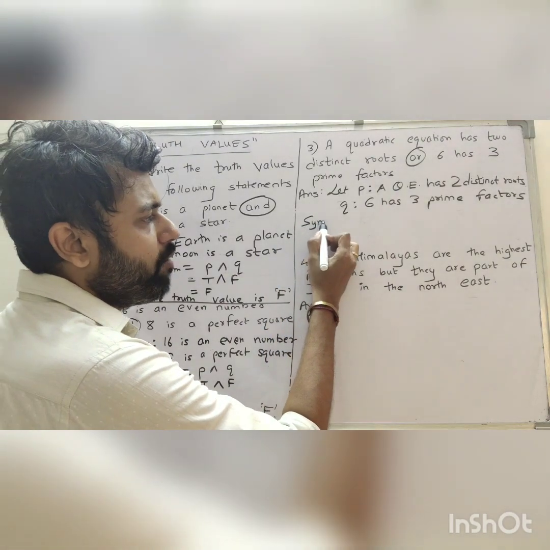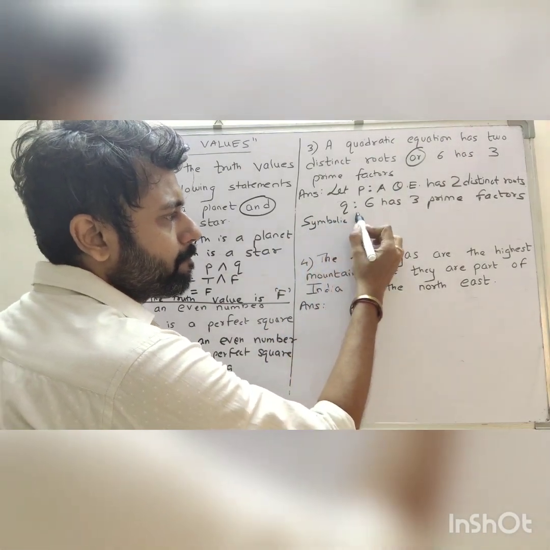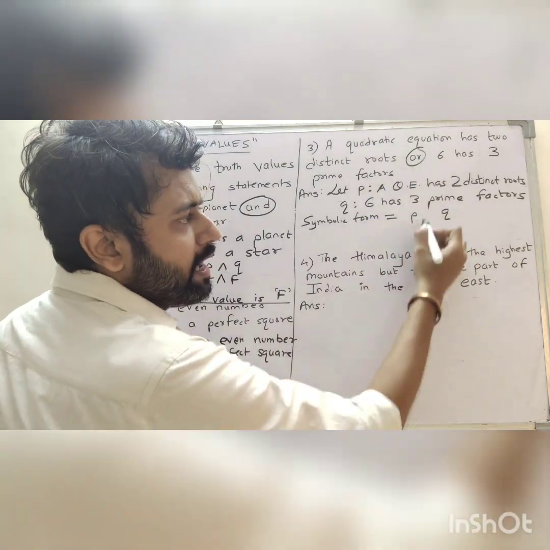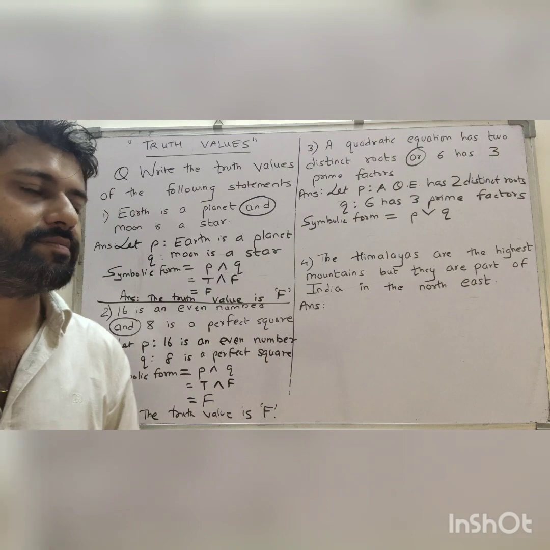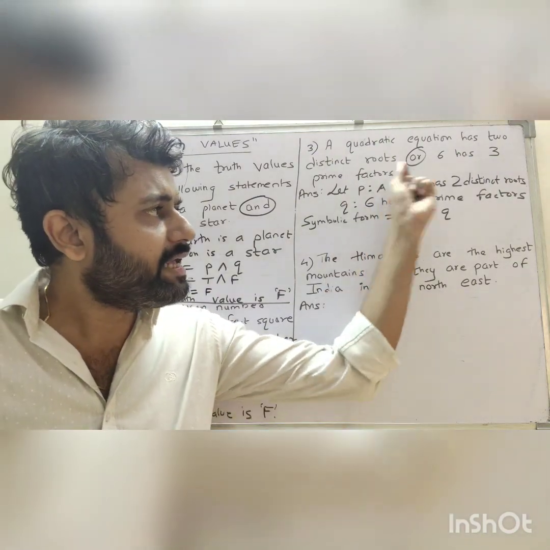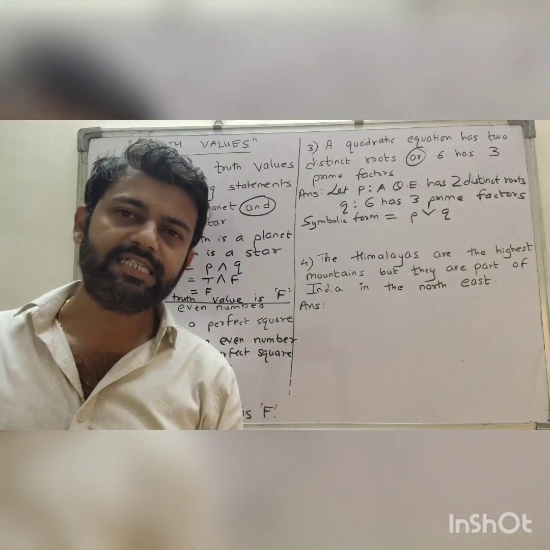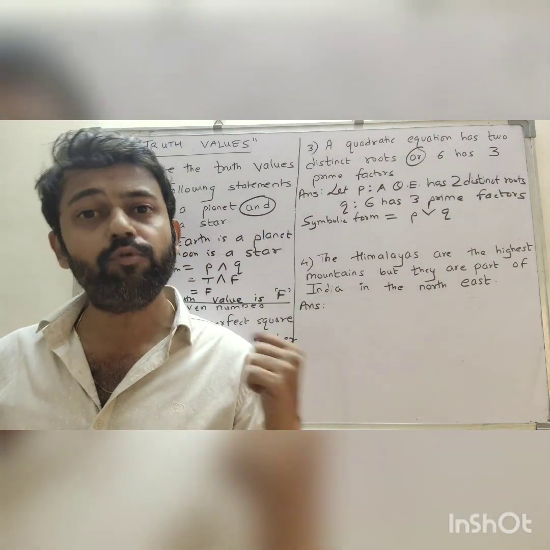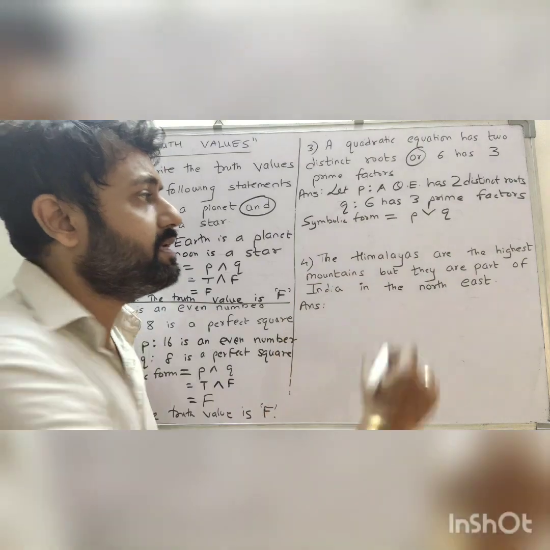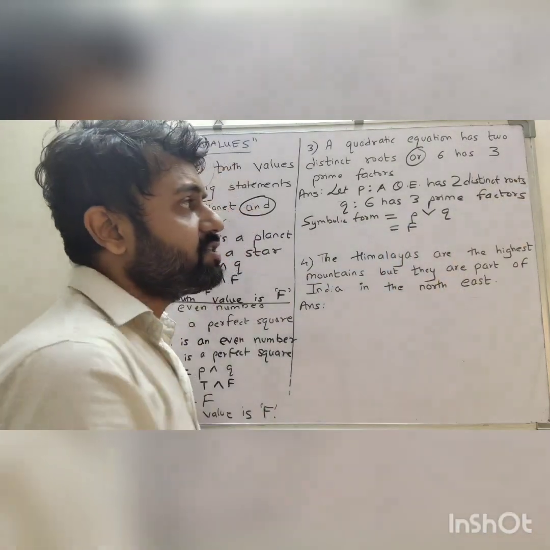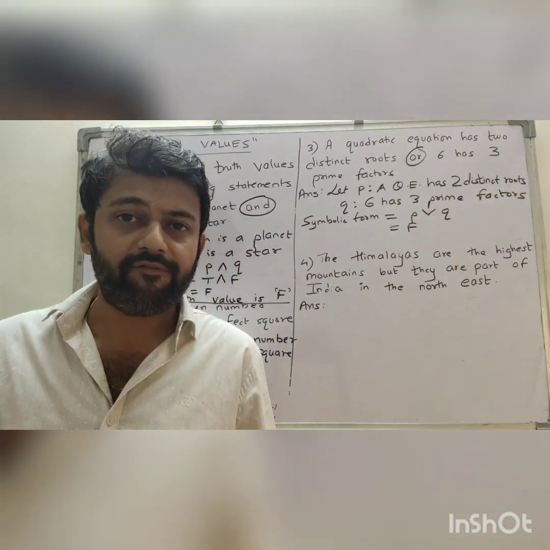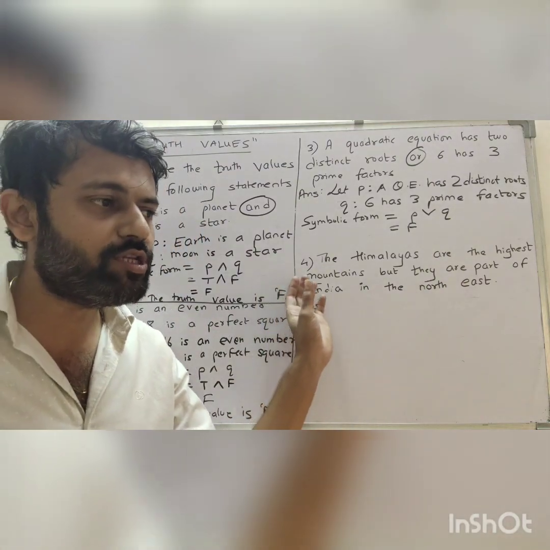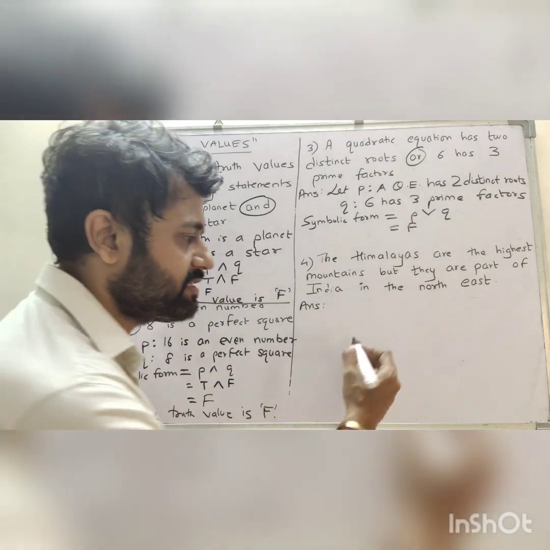The symbolic form for the same will be P, Q, with the symbol of or in between. Quadratic equation has 2 distinct, meaning different, roots? No, sometimes it has the same roots also. So this statement is not true, it is false. It does not every time have two distinct roots. It may have two same roots also. x is equal to 3 or x is equal to 3, the answer can come like this.